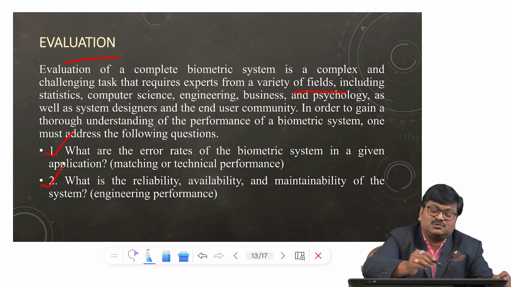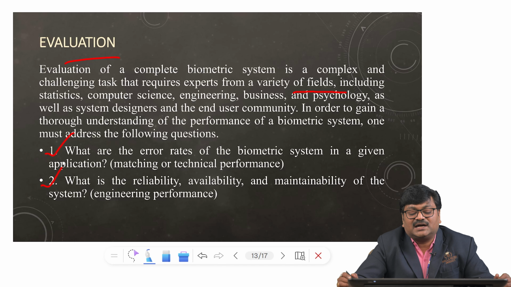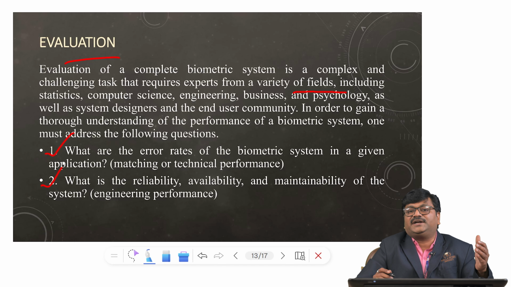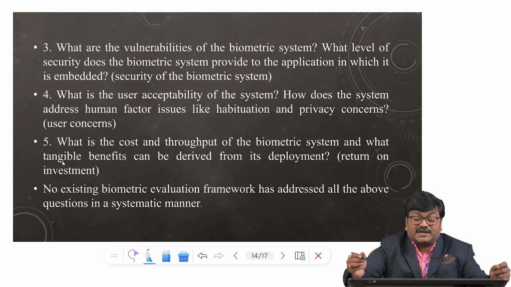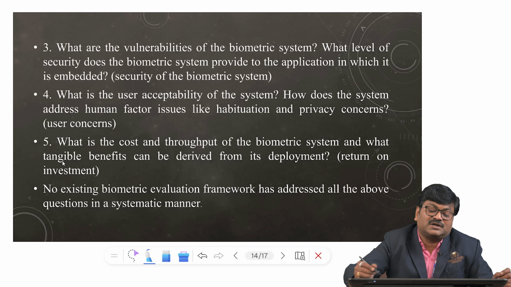And the next most important thing is the reliability of the content that is being acquired, and in what way this evaluation makes it more efficient in authorizing the person. That is the second most important thing that we need to consider.